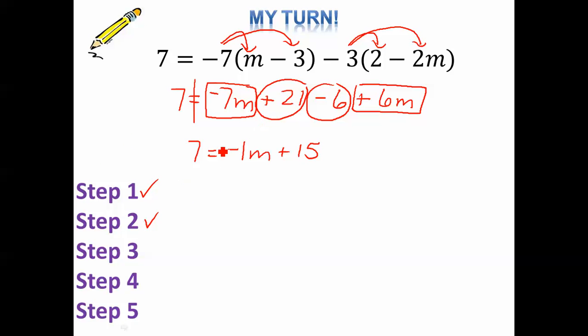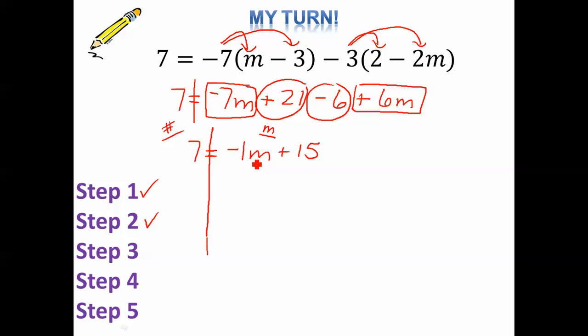Our terms are combined. Step 3 is to separate. Where do we want to put our variables? Left or the right side? We're going to put them on the right side because there's already one there. And we're going to put our numbers on the left side. So we look at this number here. It's a number, it can stay. We look over here, we want m's.